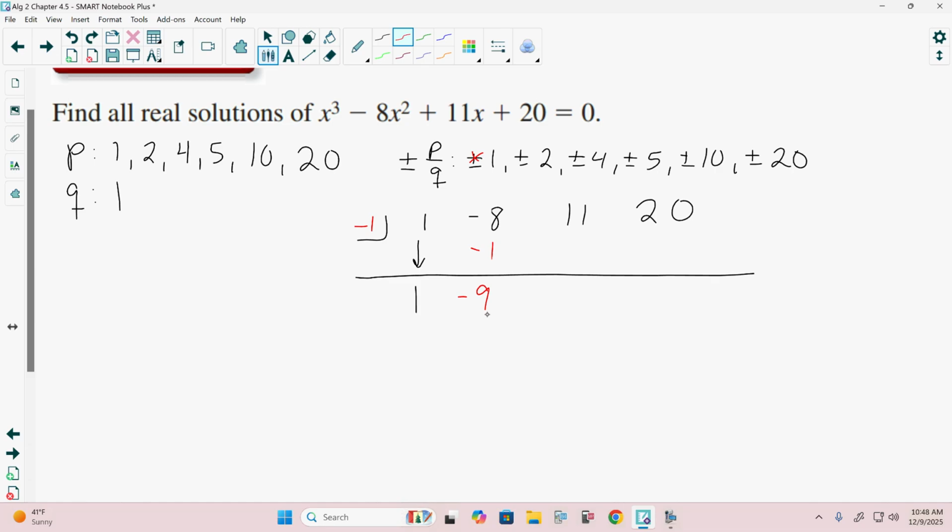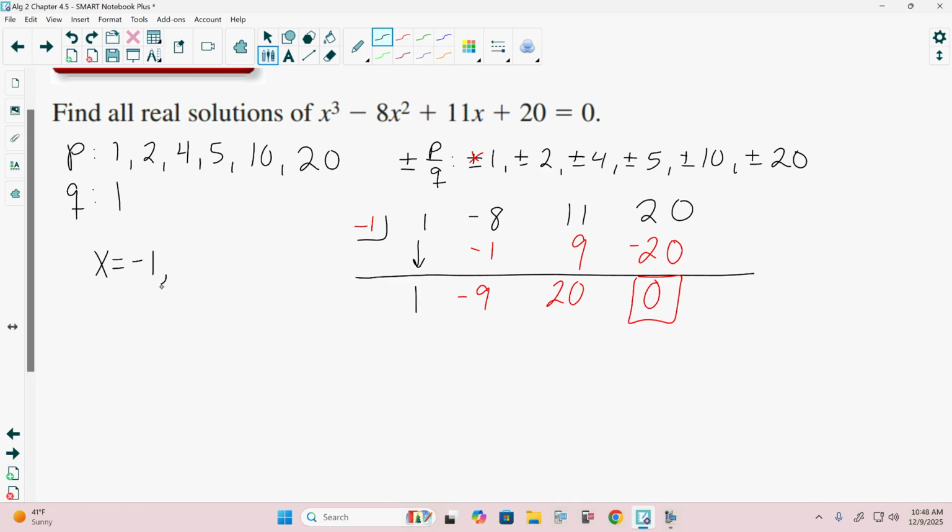We do have both cases. So we get negative 9. Negative 1 times negative 9 will be positive 9. 11 plus 9 is 20. Negative 1 times 20 is negative 20, and 20 plus negative 20 is indeed 0. So we can say negative 1 is indeed a solution.